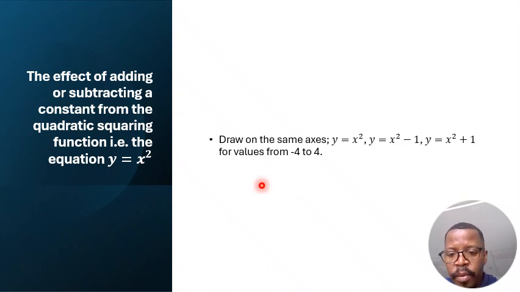So we need to draw these quadratic functions on the same graph, and the table values will have to range from -4 to +4.